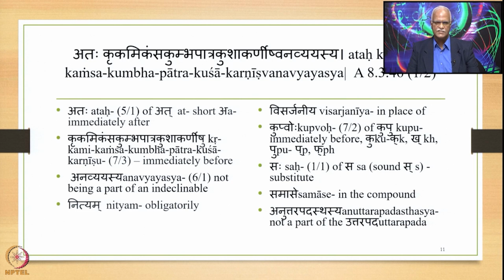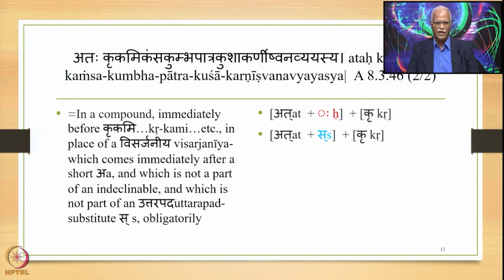The other environments are a, which should come immediately before the visarjaniya, and kupvoho. In that case kru, kami, kamsa, kumbha, patra, kushakarni should be the following words, and this should also be a samasa, and the visarjaniya should not be part of the uttarapada. If all these conditions are fulfilled, the visarjaniya is to be substituted by sa, and that too not optionally but obligatorily.